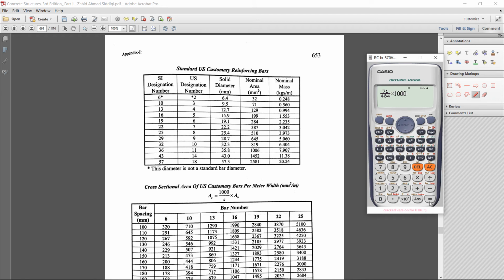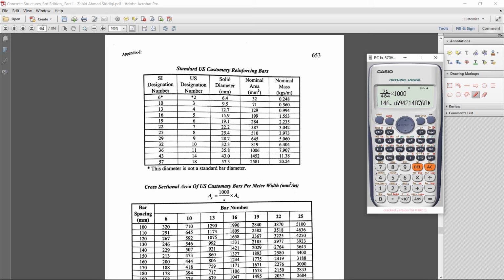That's how you calculate the spacing. So here the spacing is 146, so round it down to 140 millimeter. That's how number 10 at 140 millimeter center to center is calculated.